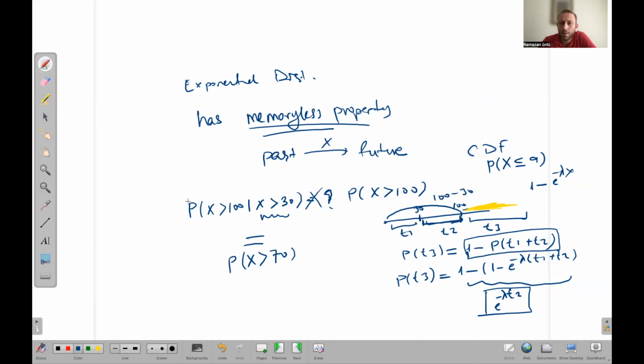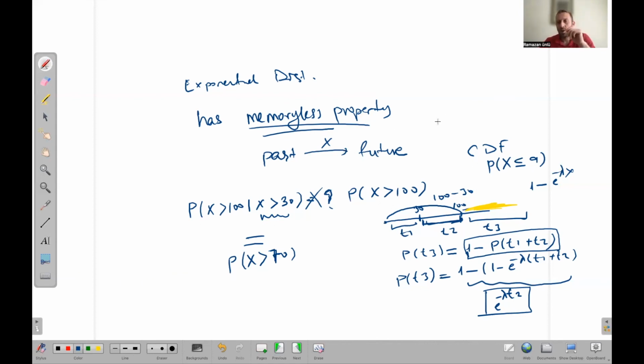That's why this conditional probability is equal to the probability that x will be greater than 70. Okay.